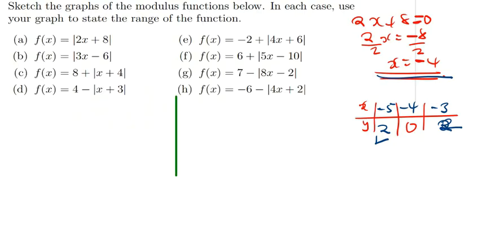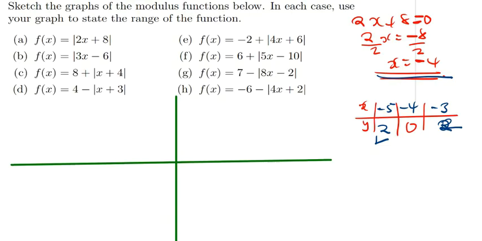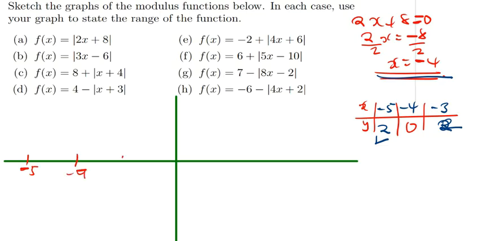Come up with a simple sketch. Put these coordinates. How do I put these coordinates? In x, I've got negatives only. So I've got negative 5, negative 4, and negative 3.